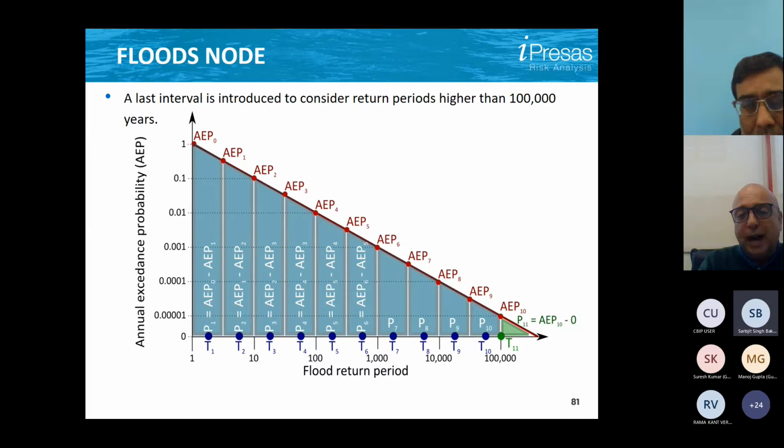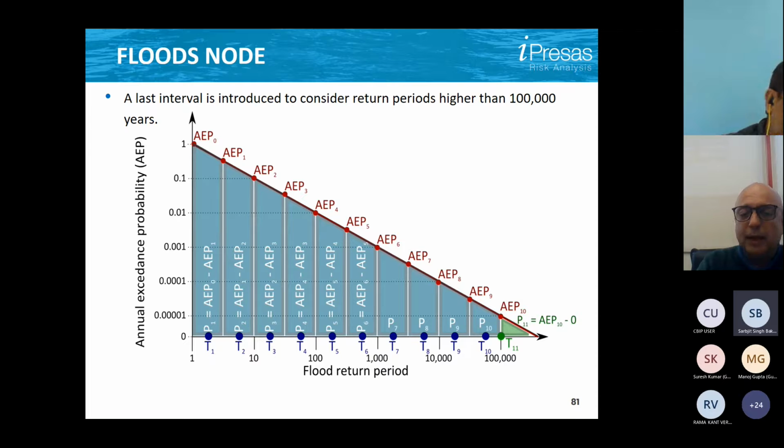So when the software adds all these, and it will do it automatically, the total annual probability of exceedance will be 1. So it will be computing the full range of the hydrological loading. This is a little difficult to understand if it's the first time you are doing it.